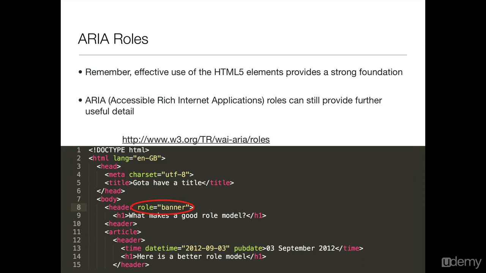So what I've done here is to give the parent header, the main banner for the page, the role of banner, and that's typically something where you have a header which will be consistent across all of the subpages in your website, and so that's declared with that role, and the assistive technology will know then that as it moves from page to page within a website, it doesn't need to repeat the content of that header.